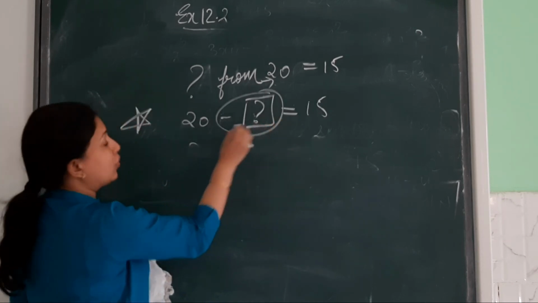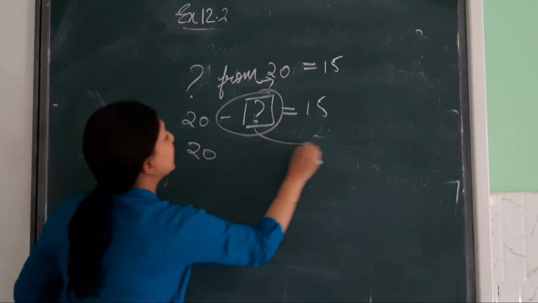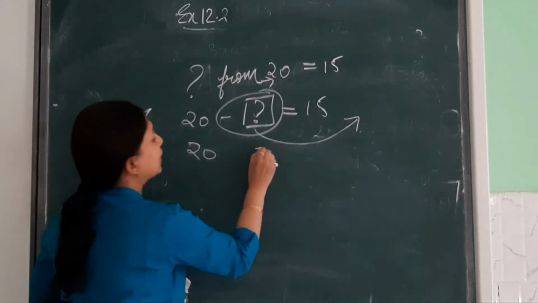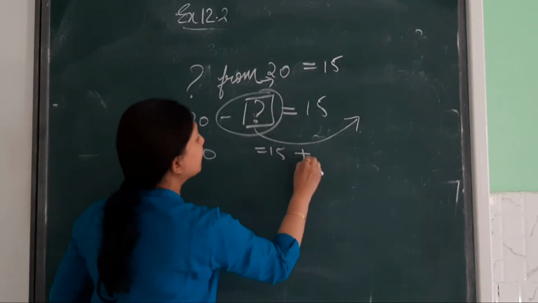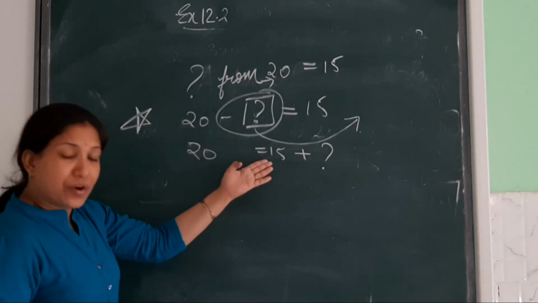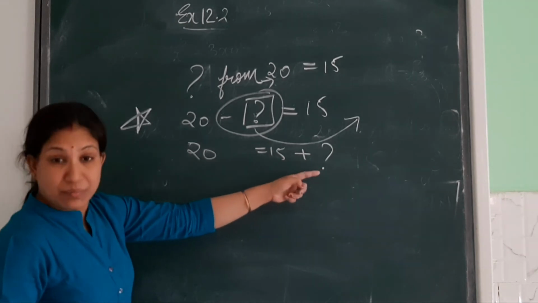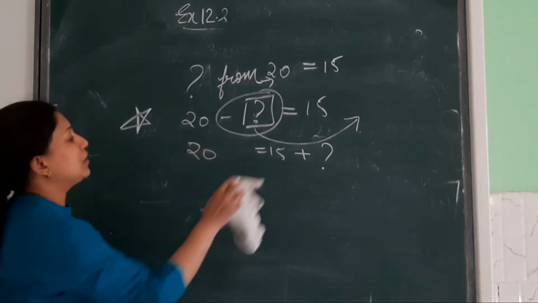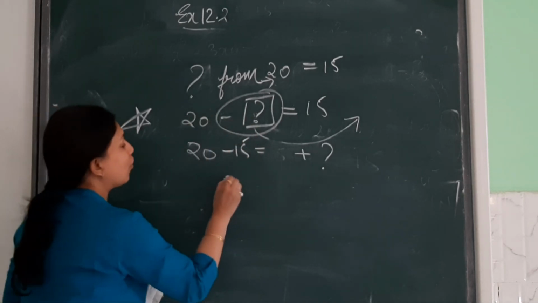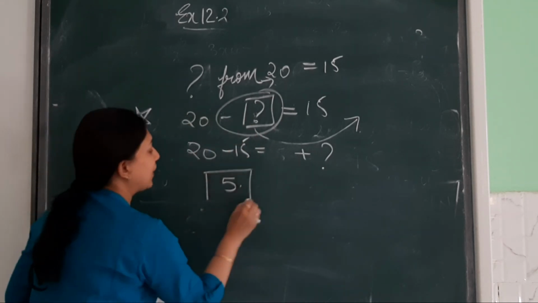First, we want the box, so 20 here, you send this that side. That's why I was explaining step by step. So let it be 15. It will go that side. But we don't want it, 15's value is already given. We want only the question mark's value. Send this 15 here. So plus 15 will become minus 15. What is the answer? 5.